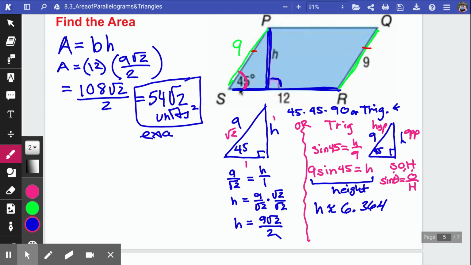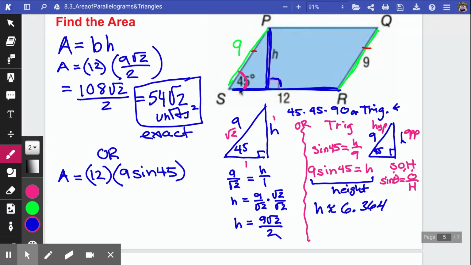Just make sure that you know which form you're being asked in. Or if I use the trig value, that's going to be 12 times, and I'm actually just going to go back and use that trig value here, because I don't like to round mid-problem. On my calculator again, I can do 9 times sine of 45.